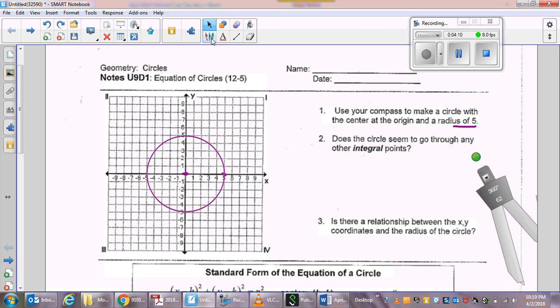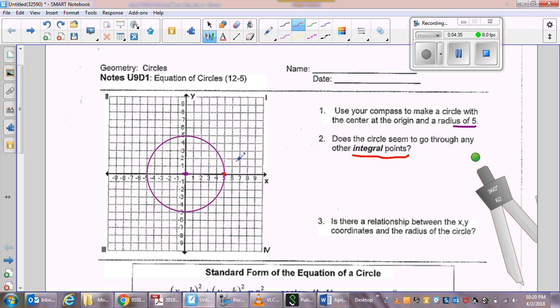So the next question asks, does the circle seem to go through any other integral points? This is kind of a new word. I don't think you have heard it in Algebra 1, but when it says integral point, it means a coordinate that is an integer. So in this case, it goes through here, right?